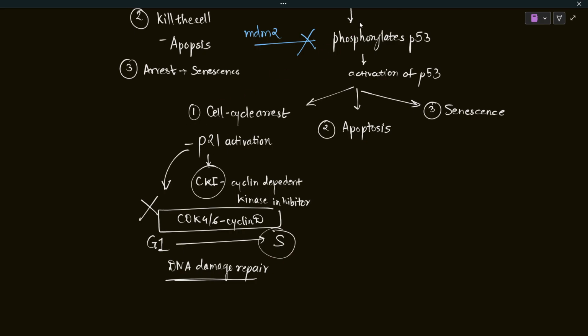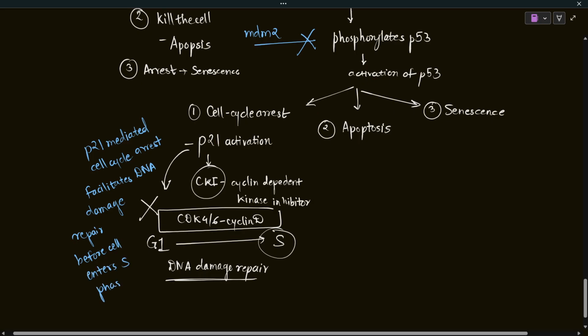So let me write it in a different color. p21 mediated cell cycle arrest facilitates DNA damage repair before the cell enters the S phase.